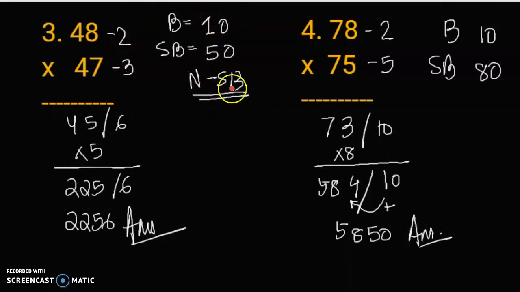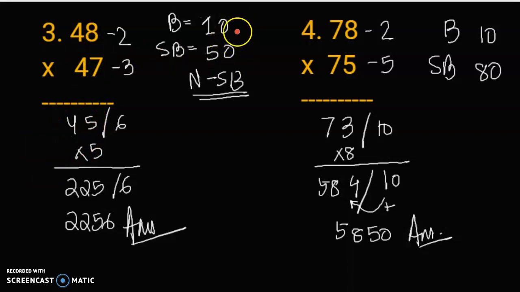So number minus sub-base gives you minus 2 here, and in the second case gives you minus 3, and minus times minus becomes plus 6. So I have multiplied here and written plus 6. In this case you will cross subtract because it is a negative sign here. So 48 minus 3 gives you 45. You can get 45 the other way also: 47 minus 2 also gives you 45.